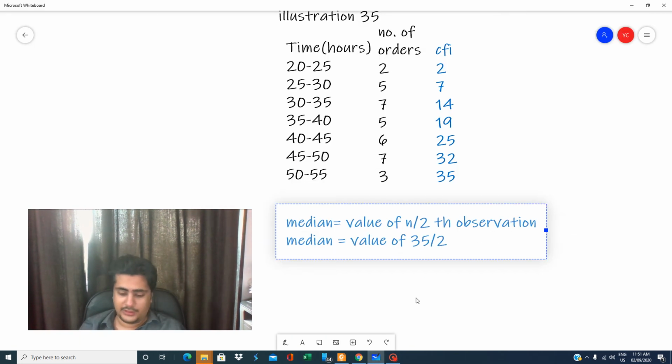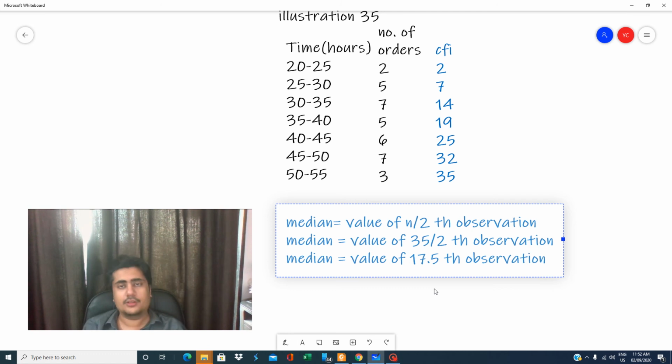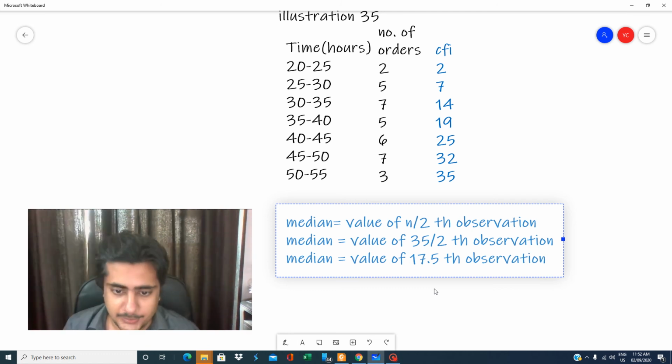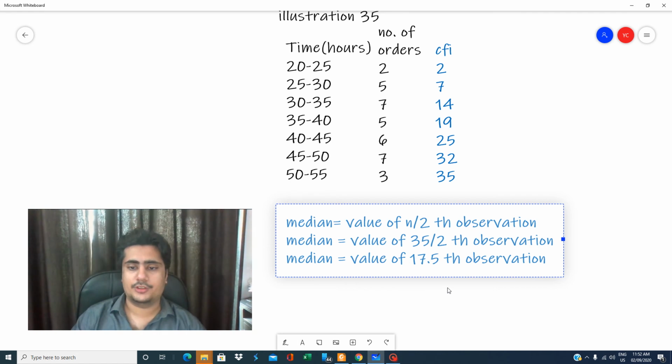So 35 by 2th observation. Now my median is the value of 17.5th observation.